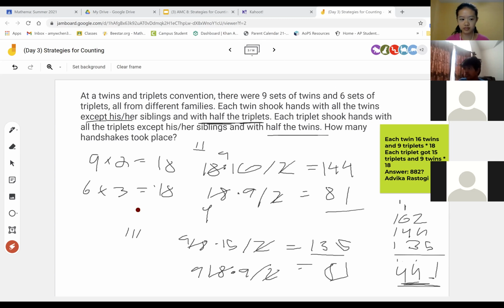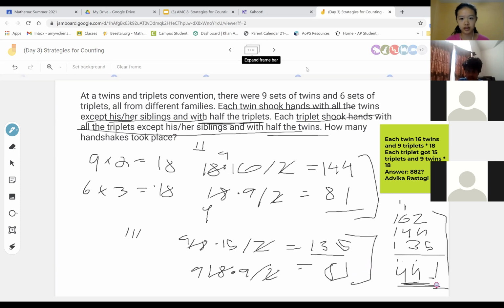So is the first part the twin part and the second part the triplet part? Yeah, I did this one first. This part is that first part, and then I did this part next. So that part is this part, and you add everything together. Okay.